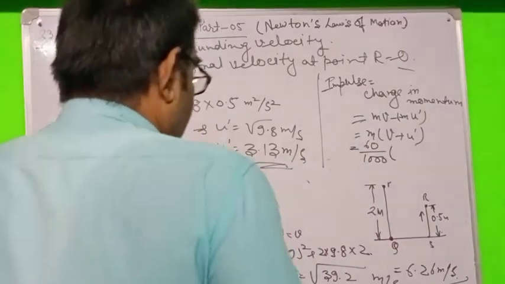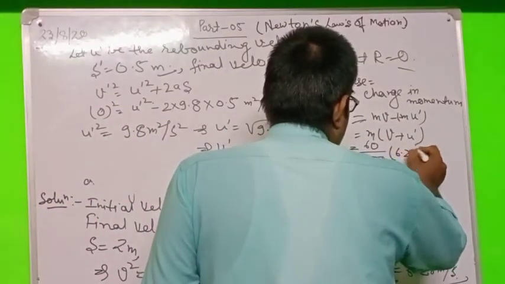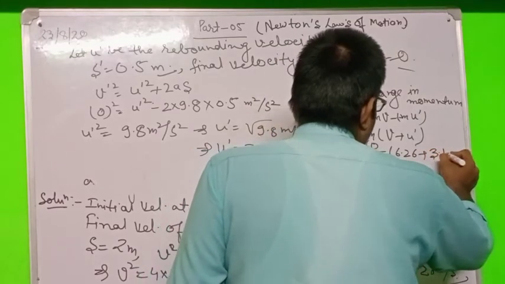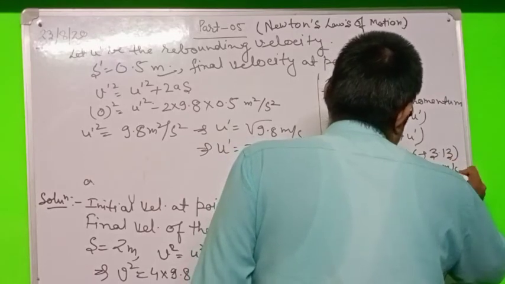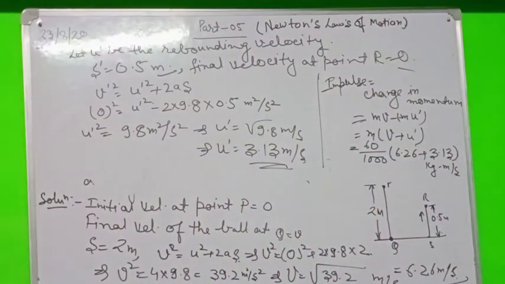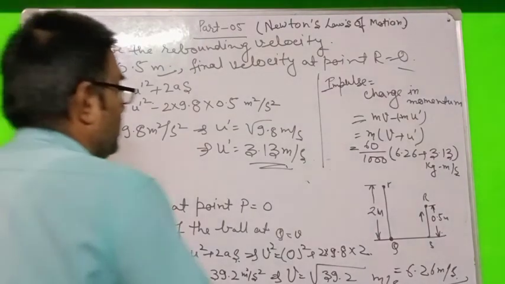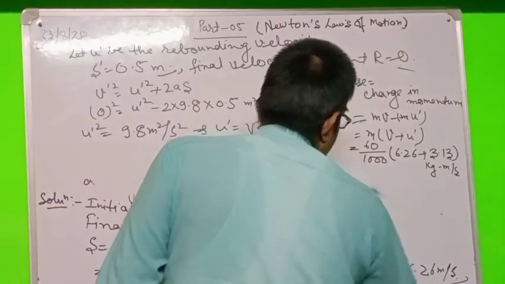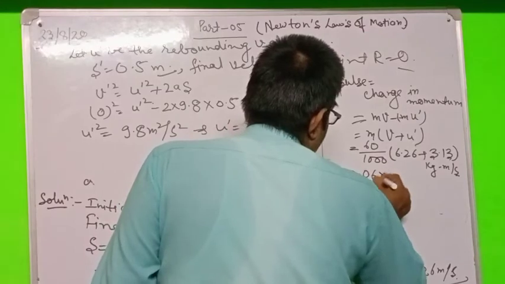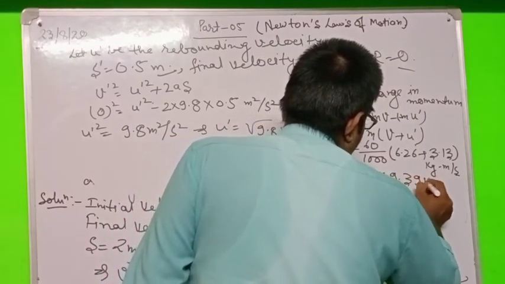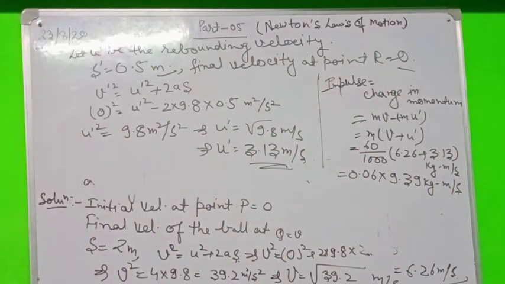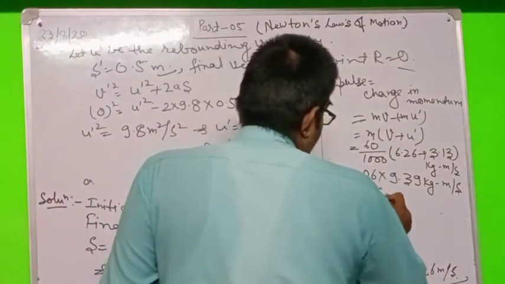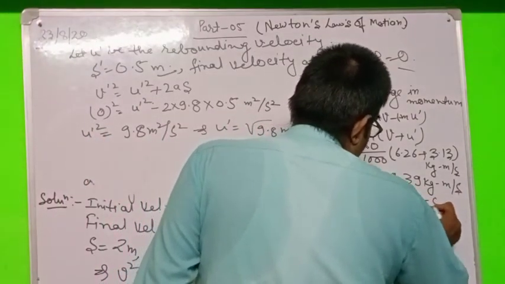So 0.06 into 6.26 plus 3.13 kg meter per second. On calculating, 0.06 into 9.39 kg meter per second, and its value is equal to 0.563 Newton second.